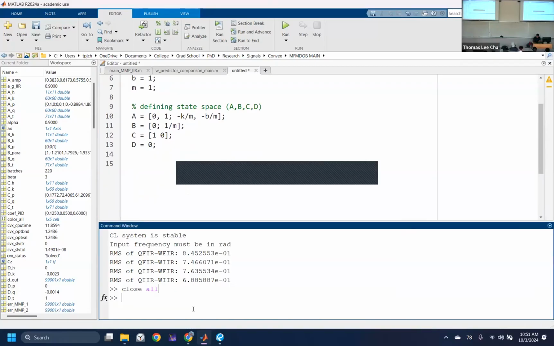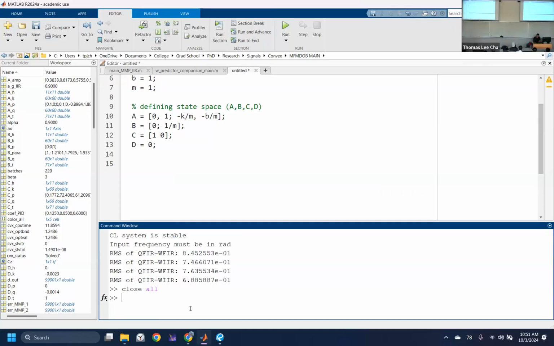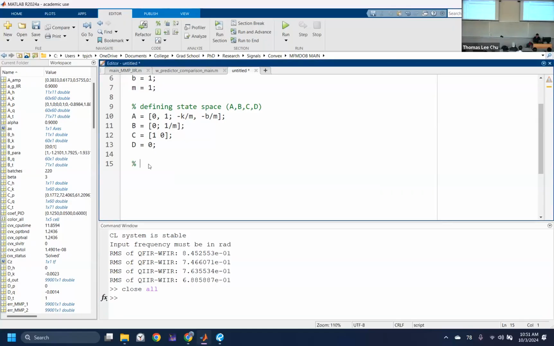There you go. All right. Now, the command I'm going to use is state space to transfer function, to convert A, B, C, D into a transfer function.